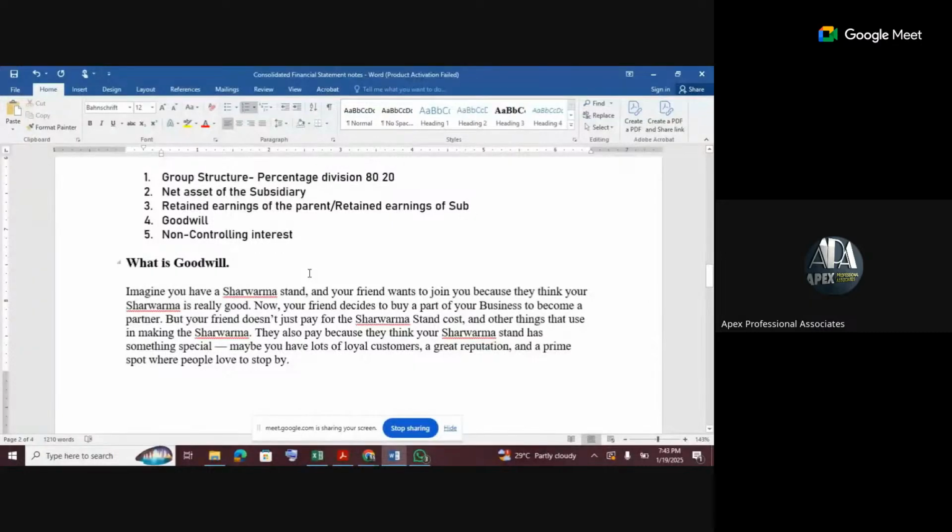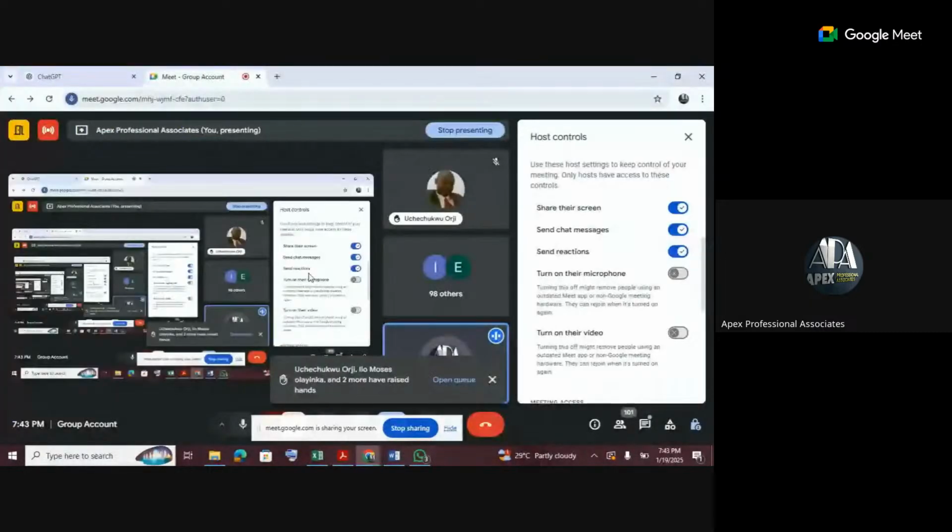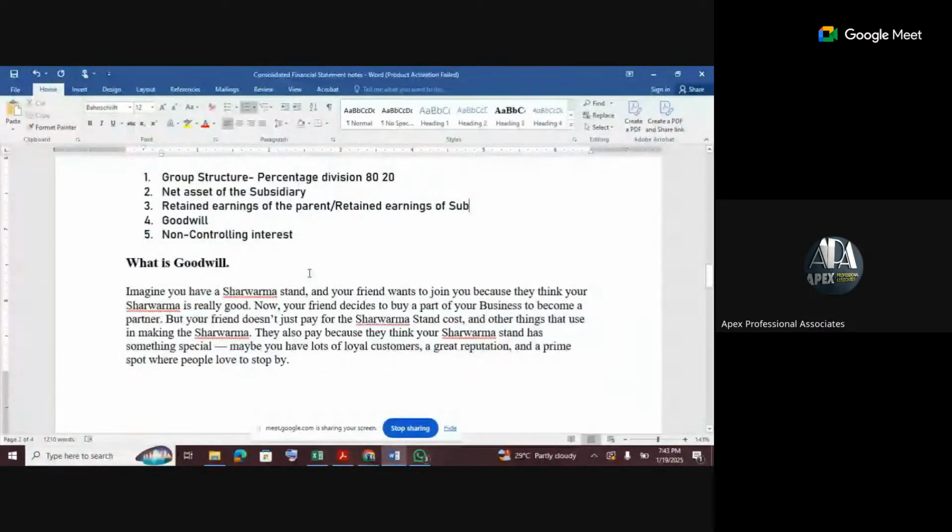Now, in my days trying to understand what goodwill is, I've always seen that it's a problem for most persons to understand what goodwill is. And so I try as much as possible to explain what goodwill is first before we start talking about it. So imagine that you have a shawarma stand and your friend wants to join your business because they think that your shawarma is good.